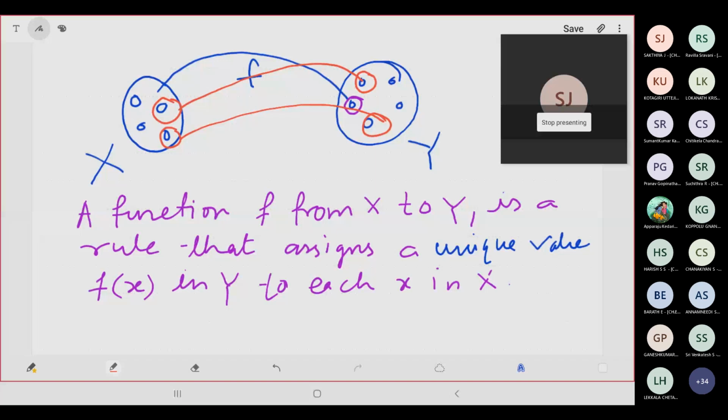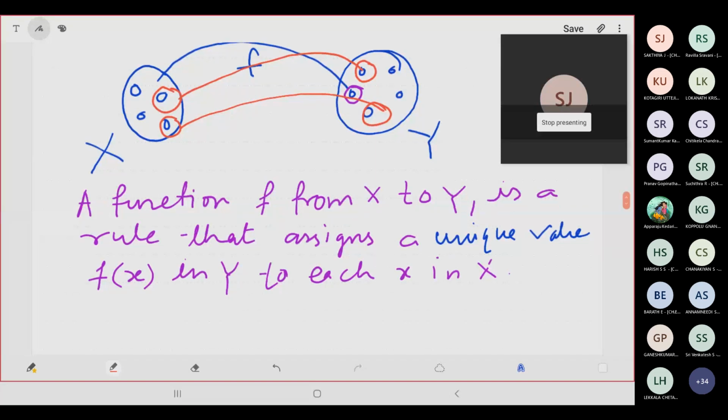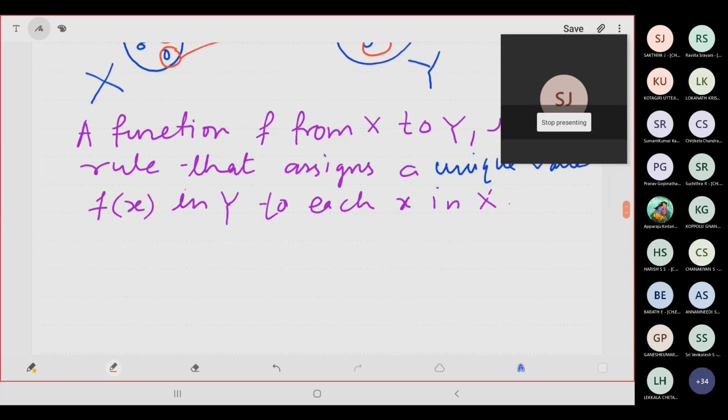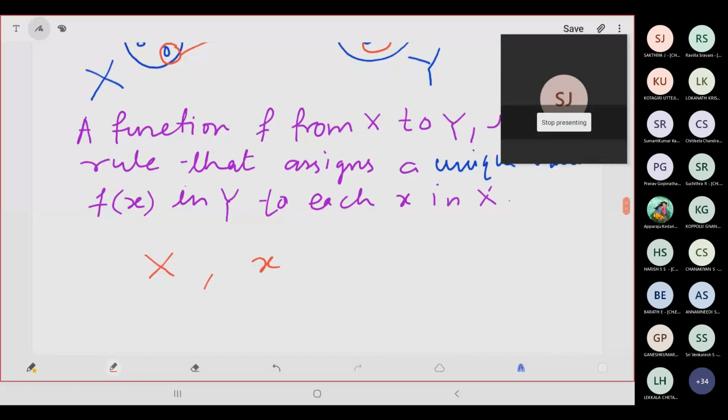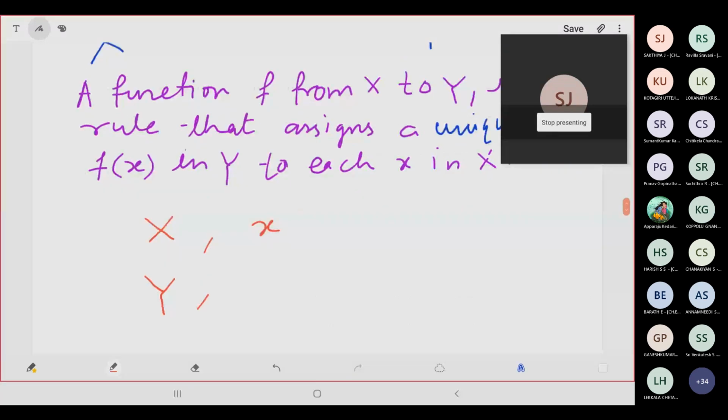And how to write the function? You have a set X, and you can write the elements of the set X by the small letter x. Similarly, you have a set Y and you can write the elements by the small letter y.